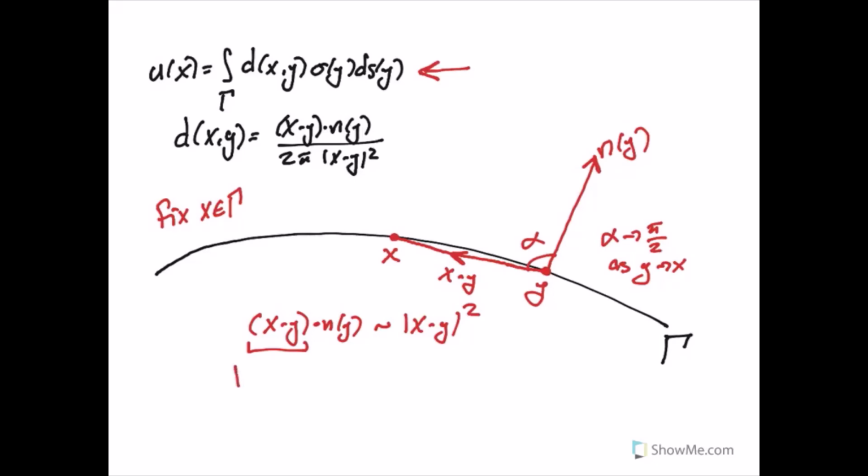So what this means is that, let me rewrite, the limit as y approaches x, when y is restricted to the contour gamma, of d of x, y, is some finite value. And you'll find more information about this in the lecture. I don't want to do the detailed derivation.